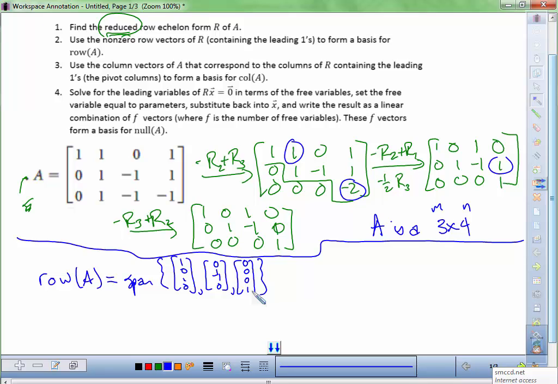Okay, so the span of 3 vectors in R4, let's imagine what this is. This is a subspace, so it contains 0. How many dimensions is our subspace? It's a 3-dimensional space that lives in R4.